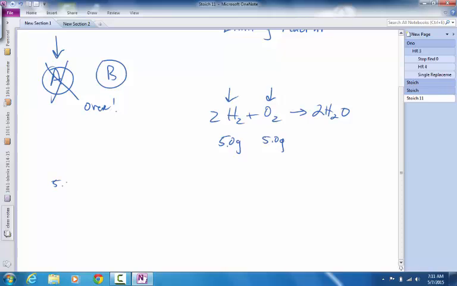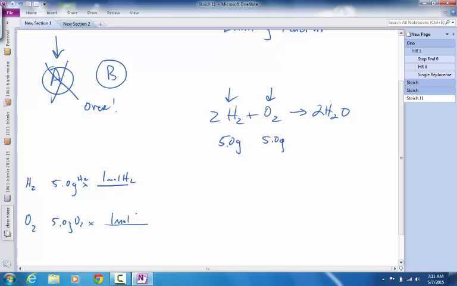So step 1, like all, but make sure you label things, we're going to convert both to moles. So we're going to divide by the molar masses. Make sure to keep things labeled here. And so I'm going to divide by the molar masses of hydrogen, which again is 2 grams per mole, and oxygen is 16, but there's 2 of them, so it's 32 grams per mole.